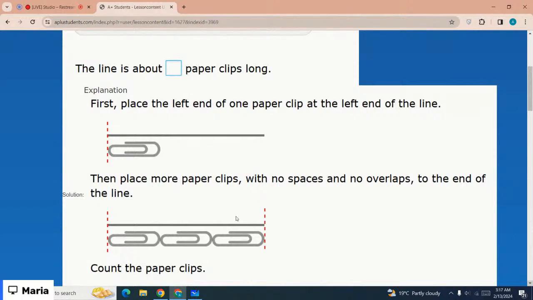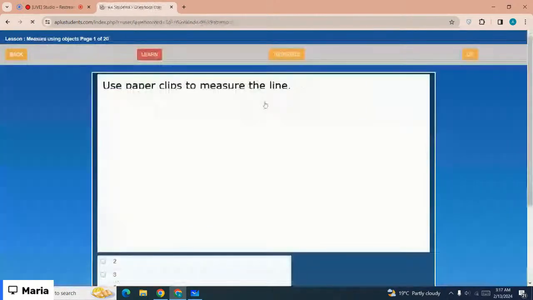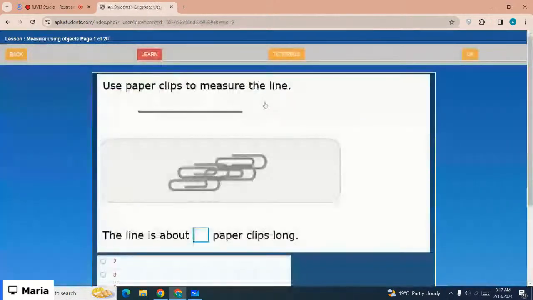Let's just start with the test questions. You can do these activities in your home. Use paper clips to measure the line. So start placing the paper clips from the left end until the other end.